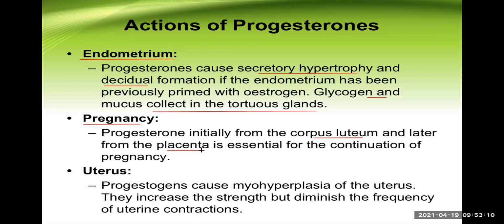So if a uterus starts to contract right from the beginning, remember, there would be termination of pregnancy. There may be probably abortion, or after 20 weeks of gestation, if that happens, then preterm labor. So progesterone is a very, very important hormone for the maintenance of pregnancy. In the uterus, progesterone causes myohyperplasia of the uterus, and it increases the strength but diminishes the frequency of uterine contraction. This frequency is what matters here.